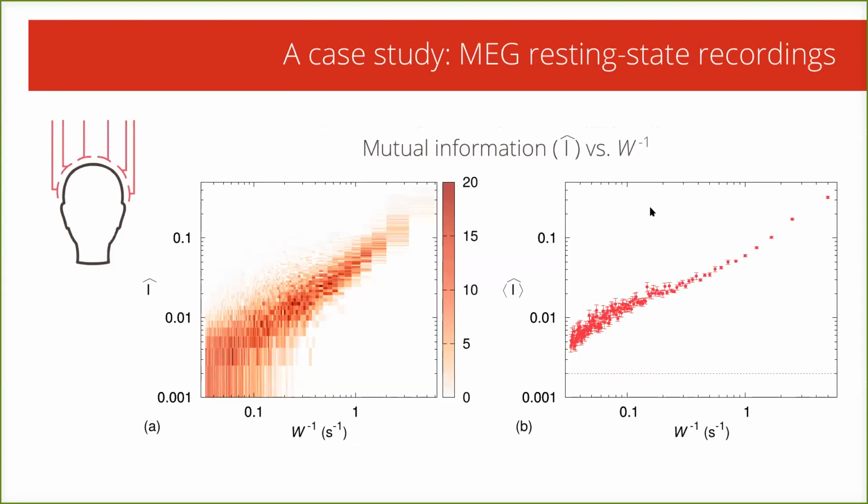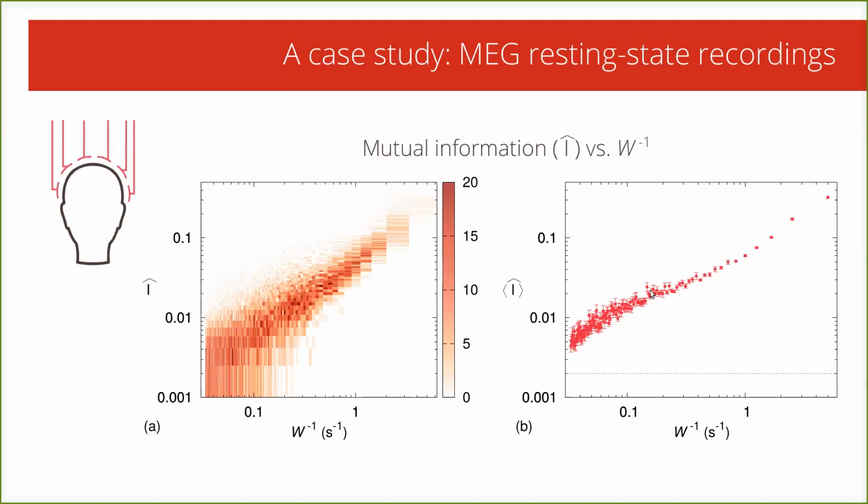And what we found, for example, here you see the picture for a case study with magnetoencephalography recordings again, and you see that the joint distribution of W to the -1 and mutual information shows definitely that there is a dependence between the two, or at least a relationship between the two quantities.